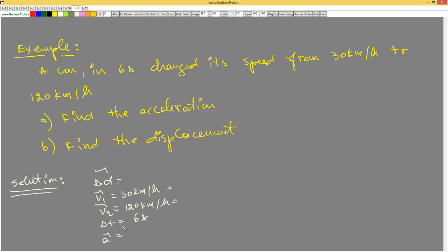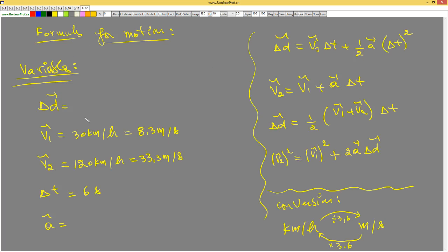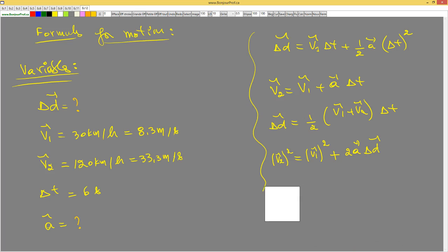We find them here. Now what is the question? Find the acceleration, and I have to find what? Good. So I'm going to go here, acceleration. And now I'm going to use my formulas. Here you have a problem that we call level 1. Why is this problem level 1?